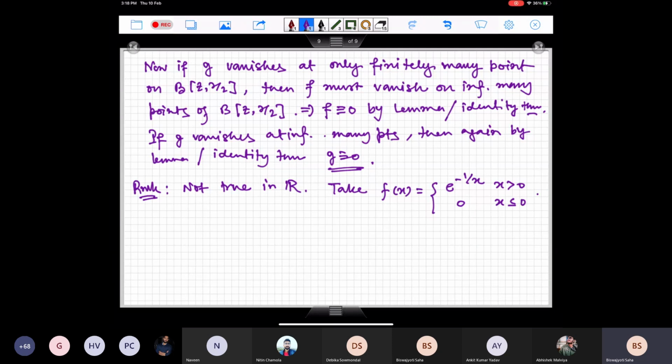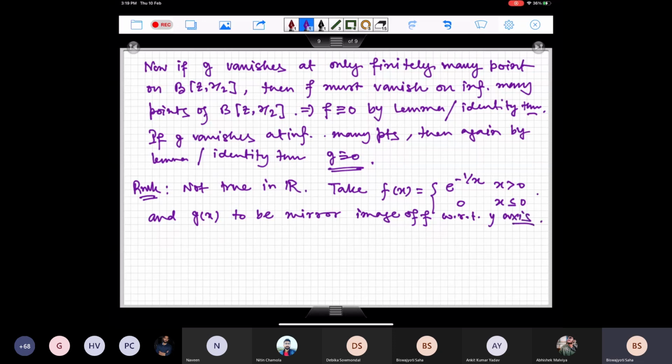So this is identically 0 on the negative real axis, and on the positive axis this is non-zero, and take g of x to be the mirror image of f, with respect to the y-axis.